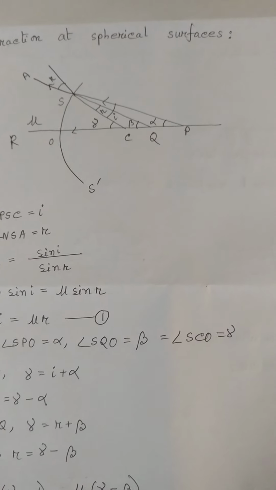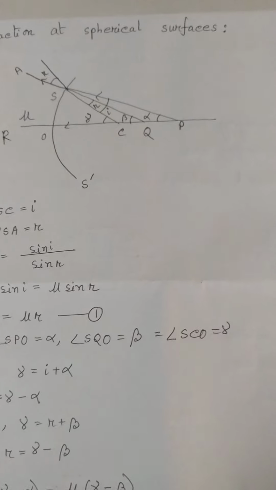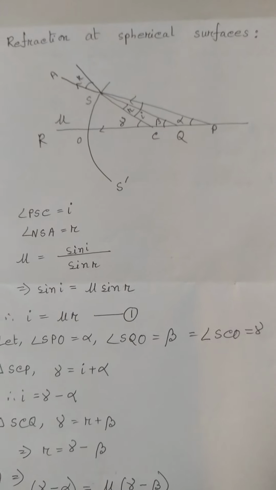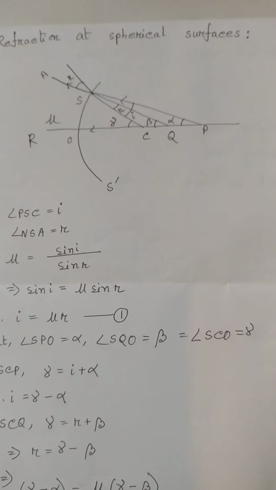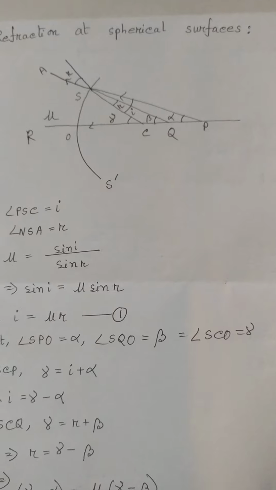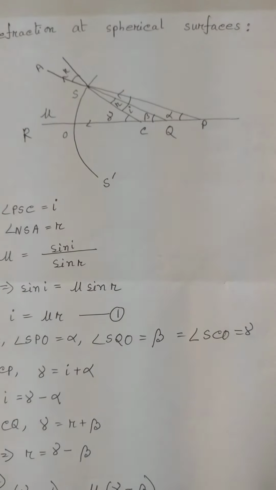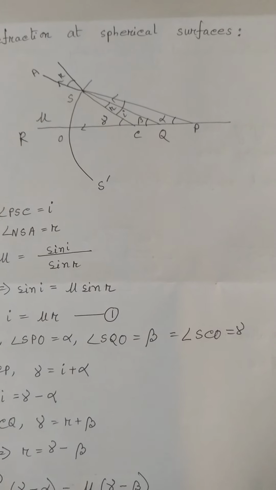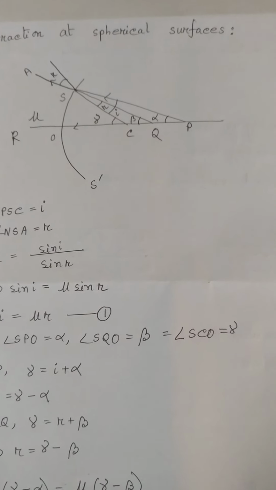Another ray PS falls on S, very near to the pole. After refraction it bends towards the normal CSN and goes along SA. These two refracted rays are mutually diverging.